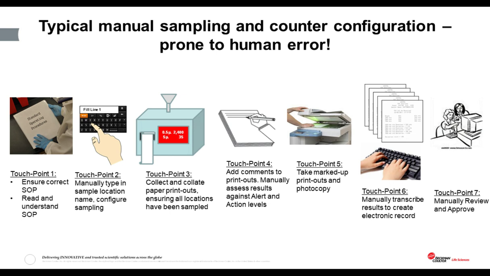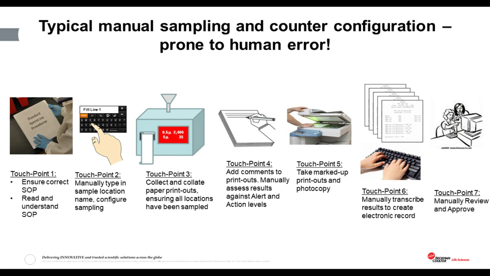Next, they print the sample results out from the counter and handwrite any comments onto the printout and then sign it with their name. And at the end of every day, they photocopy all these printouts and then they manually transcribe the results from every piece of paper to create an electronic record.